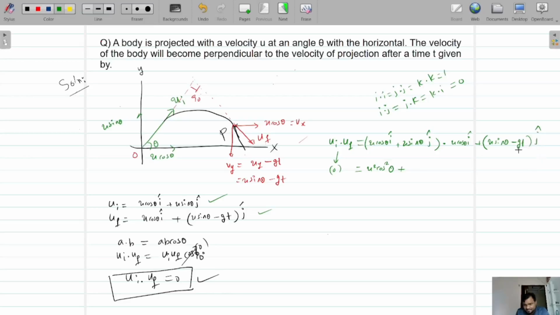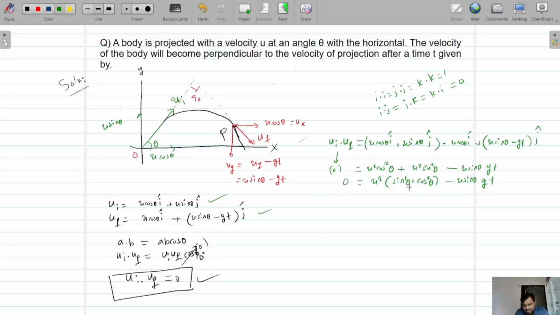and j dot j is 1 for u sin theta j cap minus gt j cap, so u sin theta into u sin theta gives u square sin square theta, minus u sin theta into gt. You can take u square common: u square (sin square theta plus cos square theta) minus u sin theta gt.